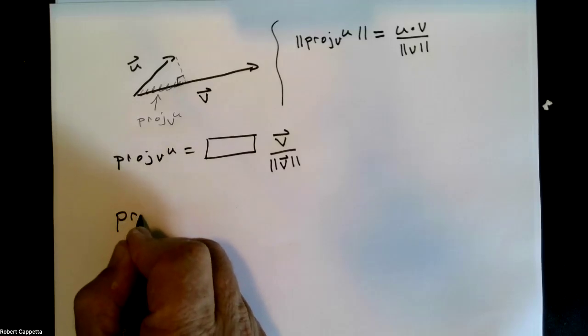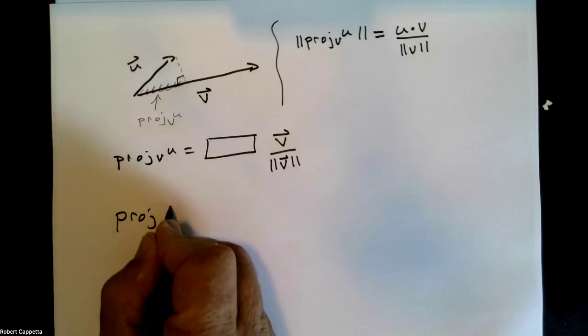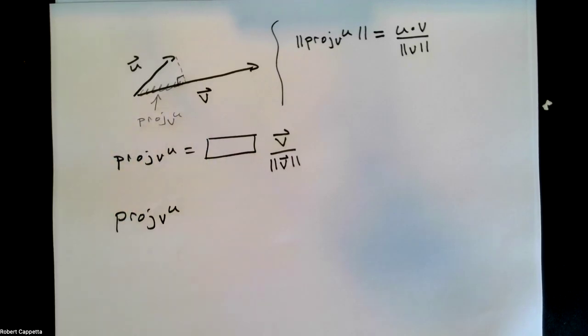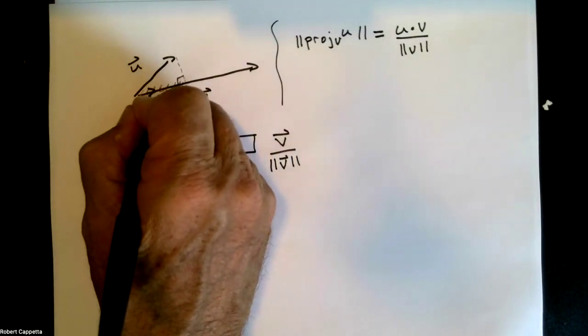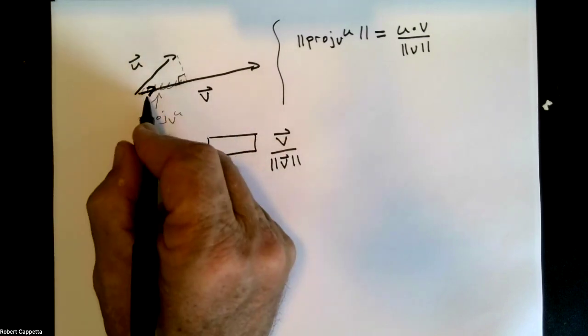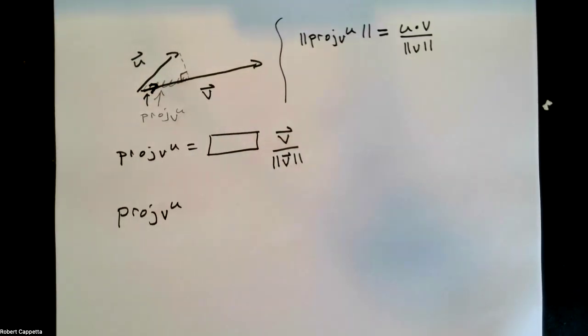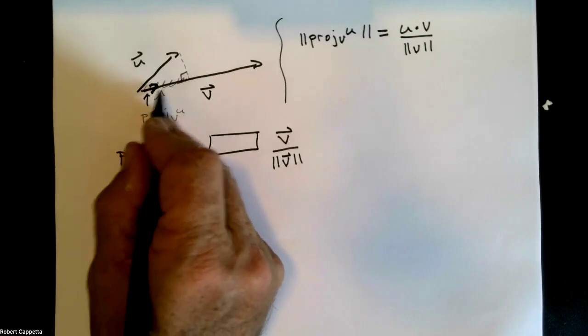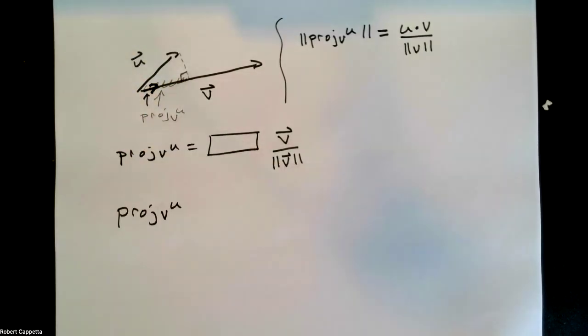So let's make sure we clarify that concept. The projection of u onto v, looking at the picture, is a multiple of v. But I'm going to come back and shrink v down to the unit vector. So think of this little vector right here as v divided by the length of v. Now to get the projection, I've got to multiply the magnitude of the projection by that unit vector to get the projection vector.